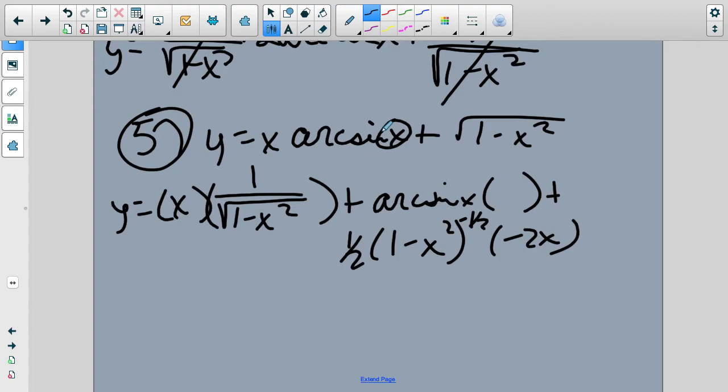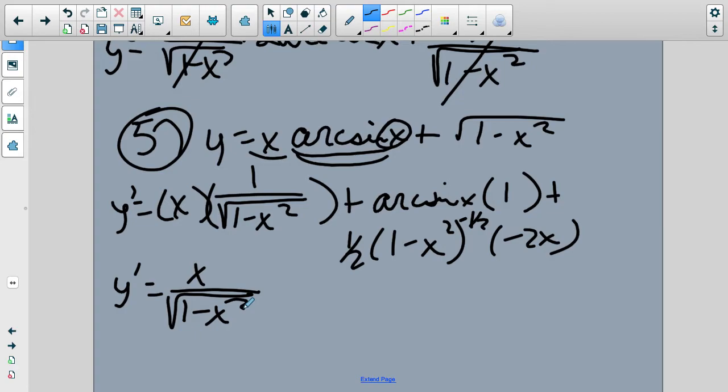So this is first times derivative of the second plus second times derivative of the first. And now this is y prime. Sorry, that's real important, y prime. So here I have x over the square root of 1 minus x squared. Don't forget your chain rule, but the derivative of that was just 1. Plus arcsine x. These twos cancel, and the same thing happens, doesn't it?